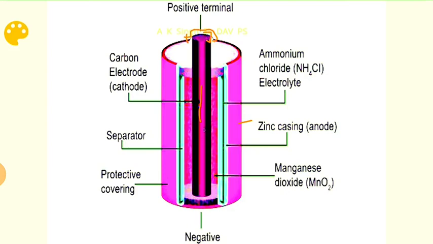And the graphite rod is surrounded by the powder of carbon and manganese dioxide. Not only manganese dioxide but carbon also. And then it is covered with muslin cloth. Now a thick paste of ammonium chloride is made, and then it is inserted inside the zinc container.